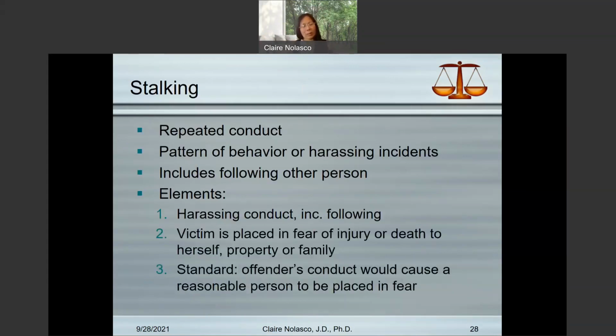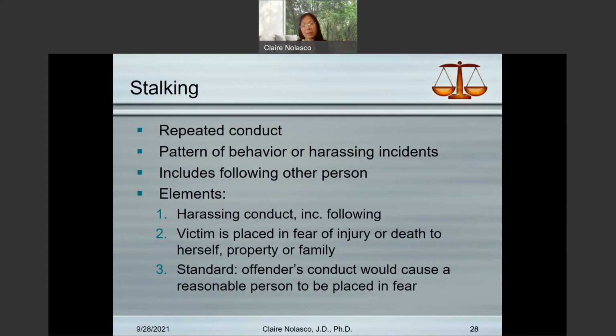Now, what is stalking? Stalking is repeated conduct, meaning there has to be a pattern of behavior or harassing incidents. Under the Texas Penal Code, there must be more than one occurrence, okay? And it includes following the other person. So what are the elements? Harassing conduct, including following.